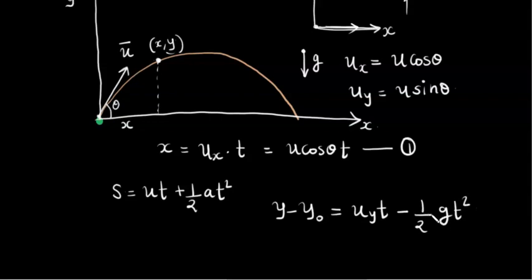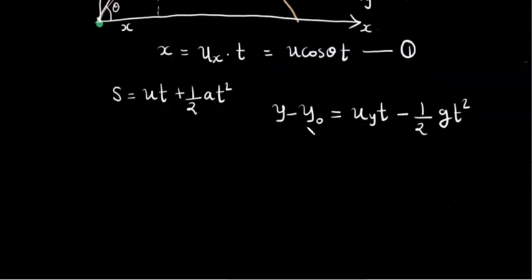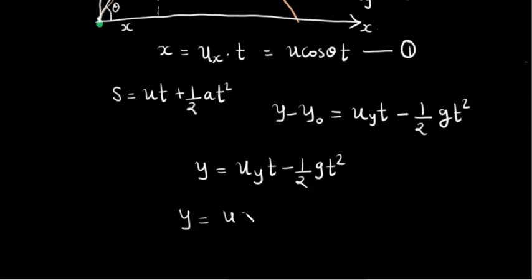Why minus? Because acceleration due to gravity is in the downward direction while u sine theta is in the upward direction. So y is equal to uy into t minus half gt square. You already got why I took y0 as 0, right? Because it is the initial coordinate. So y is equal to u sine theta into t minus half gt square. This is my second equation.